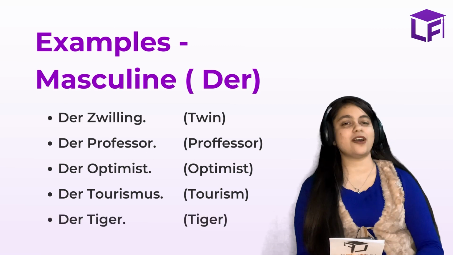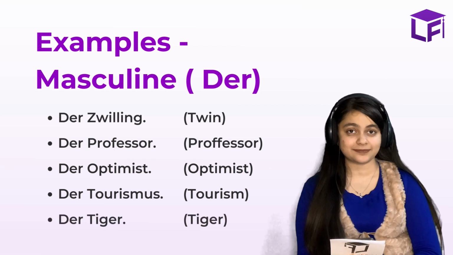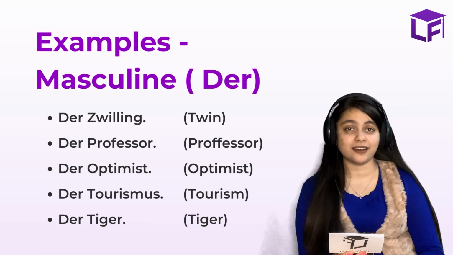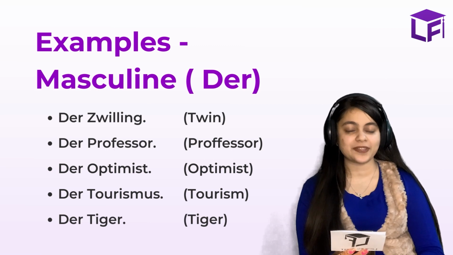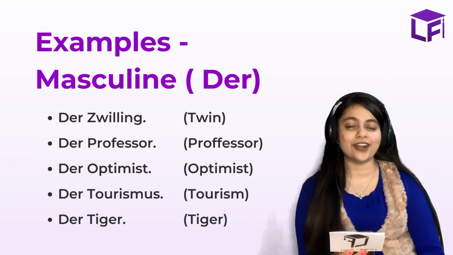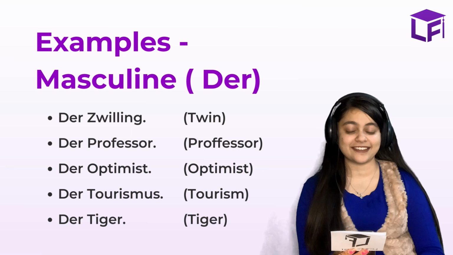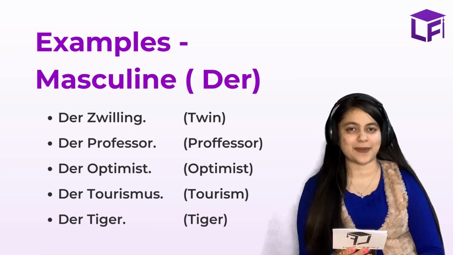Talking about the masculine gender, that is der, we can identify where to put der with the help of the suffixes, namely ling, ist, or, ismus and er. So, I'm going to give you certain examples to understand this better.